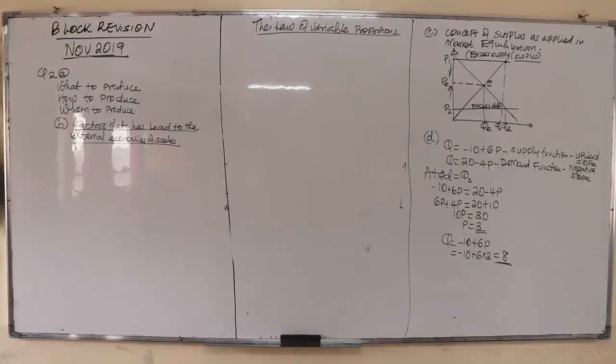The law of variable proportion is also the law of diminishing returns. What does it state?